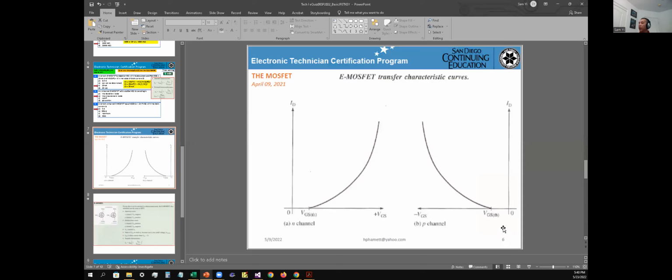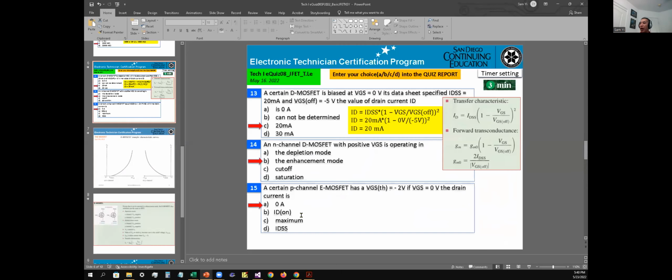As you can see, when VGS is at 0 volt, there's no current until it hits the threshold, right here at the negative, and that's when your current starts to develop. So anything at VGS off will be 0 current. The answer is A, as in apple, for number 15.